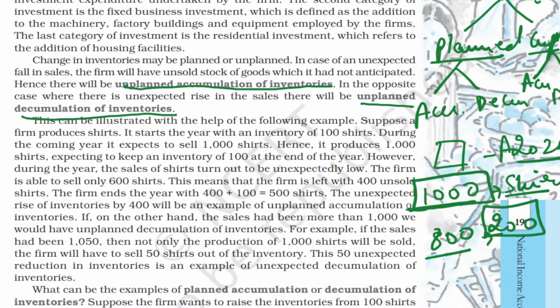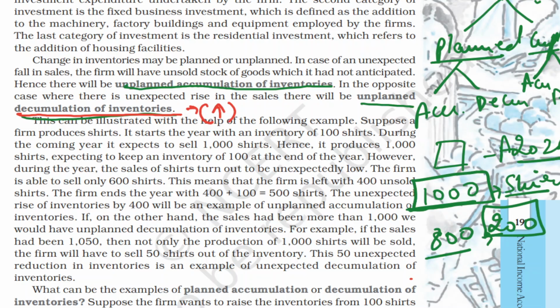These are part of your inventories. Unknowingly your inventories got raised. This wasn't planned, because the plan was to sell 1,000, but the shirts did not get sold, so you got an increase of 200 shirts in your inventories. That is known as unplanned deaccumulation of inventories, which gives rise to your inventories, right?